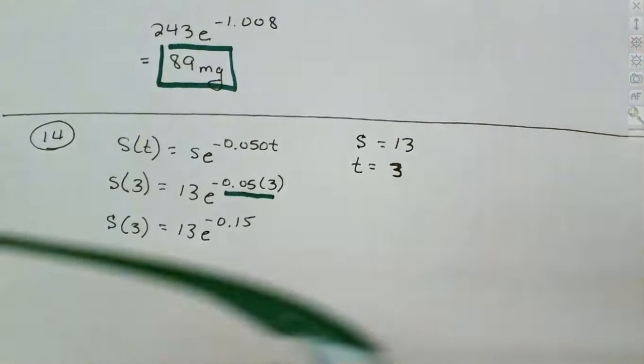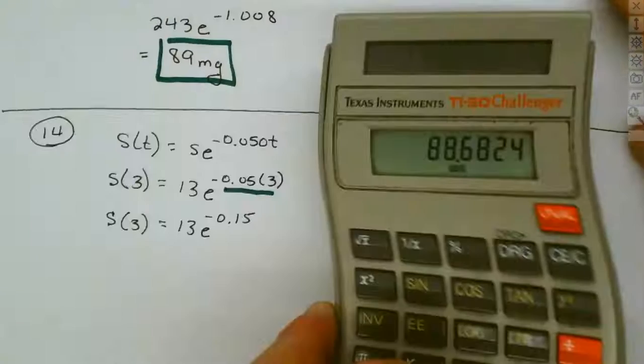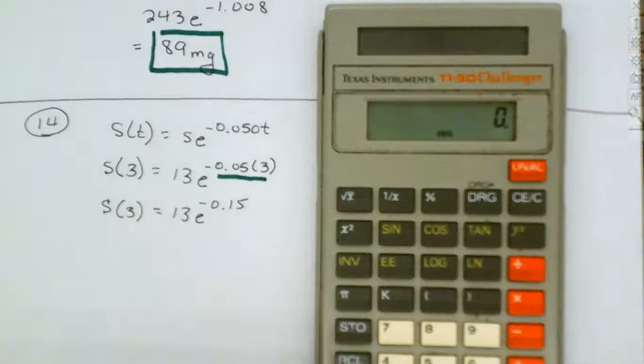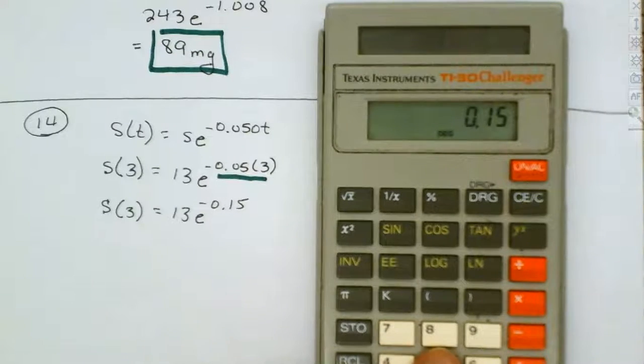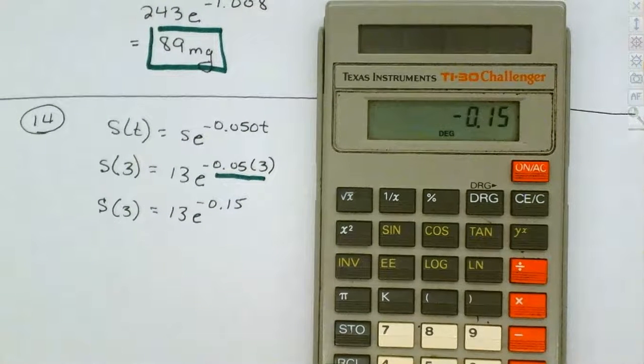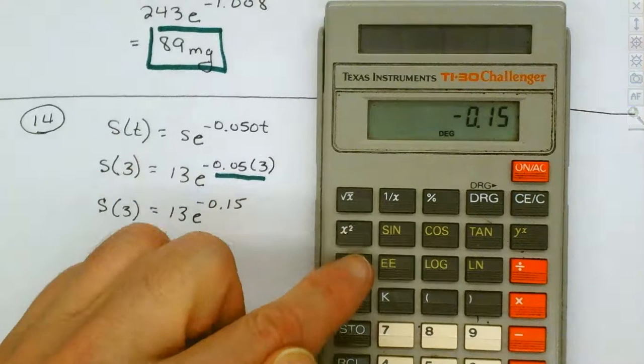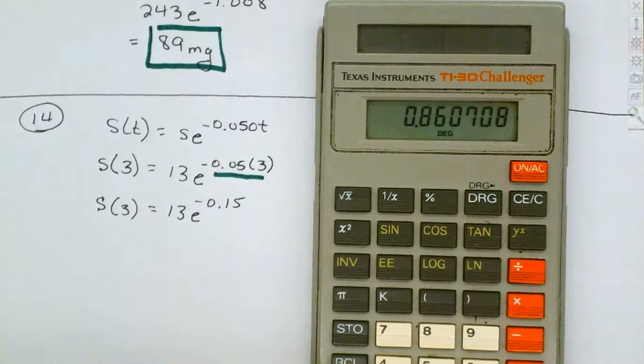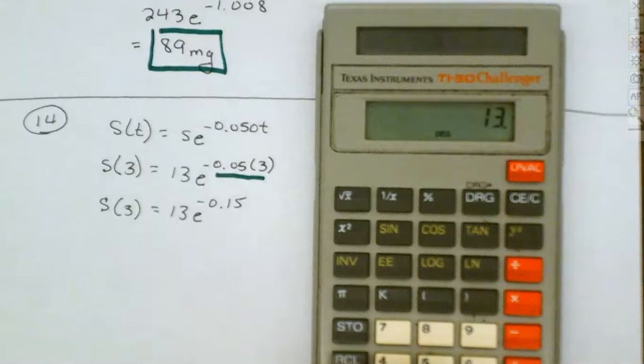How do we now plug this value into our calculator? Depending upon which type of calculator you have, we'll do this one first. You type in the 0.15, you make it negative. Second, ln, or inverse ln. And then multiply that by what? 13.